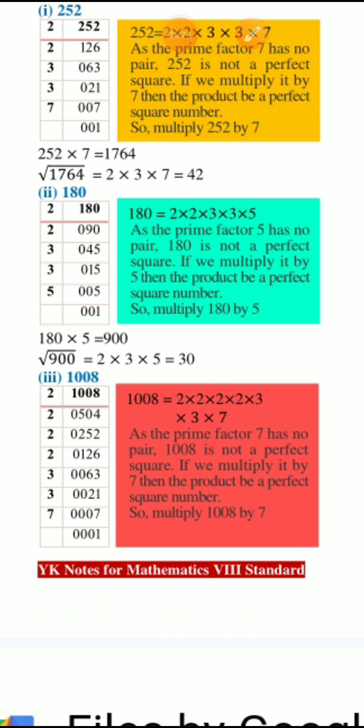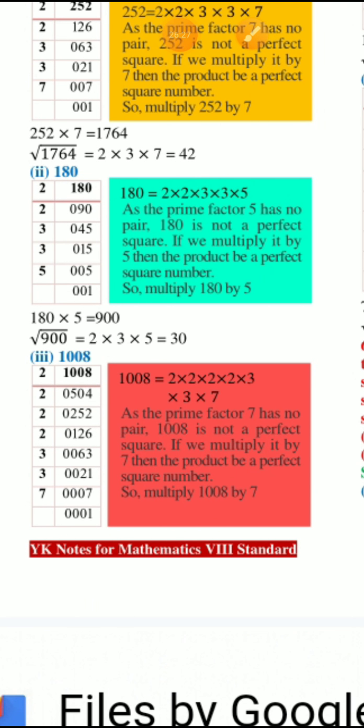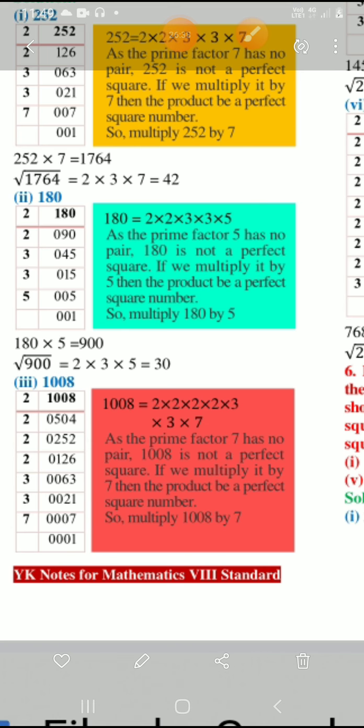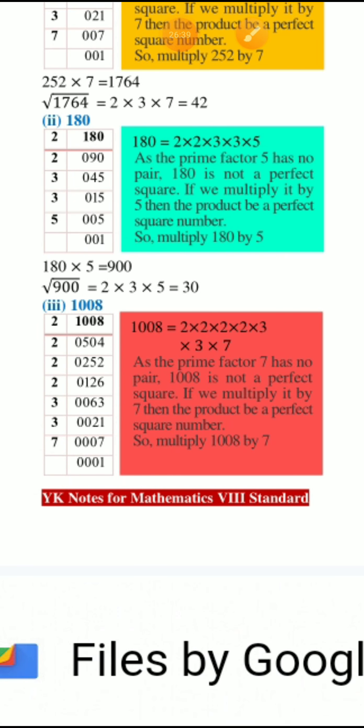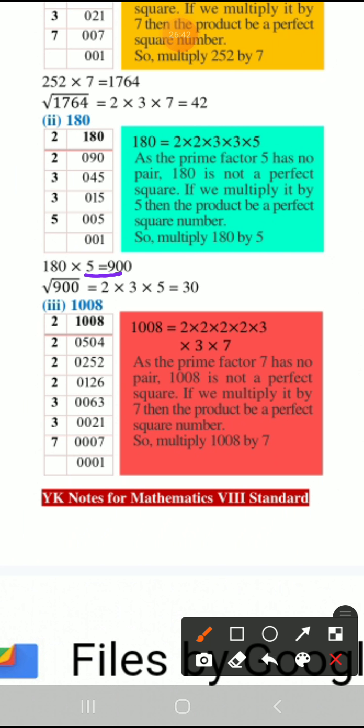Then we take 3. 3 15s are 45, right? Then again 3 5s are 15, then 1 remains, so 5 1s are 5. So we need to multiply the whole 180. This 180 we have to multiply by 5 because the last number is 5. See, here it is multiplied. Can you see? 180 into 5 is 900.